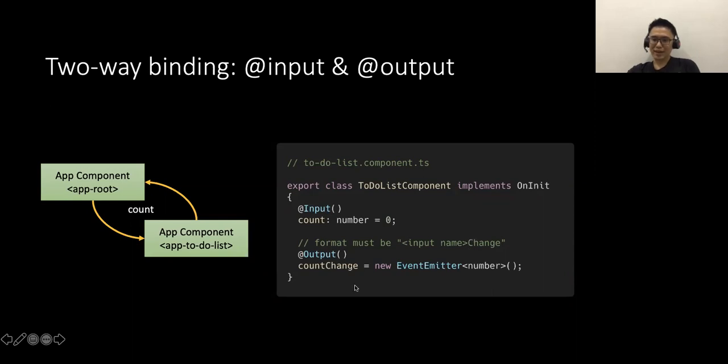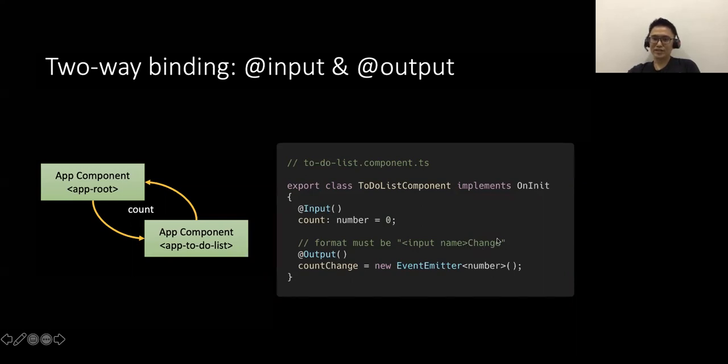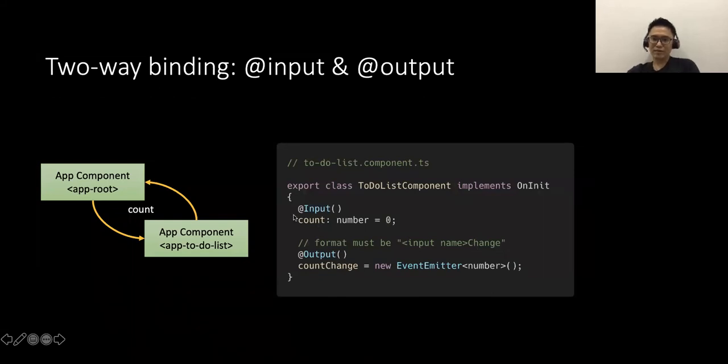It must be an event emitter as well. It's the same as the output before, just that the naming we have to match according to the naming convention. In this case, if let's say we have count here, then in output we need to name it as countChange.